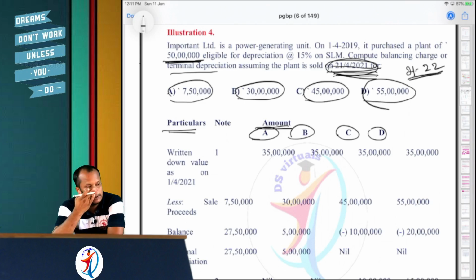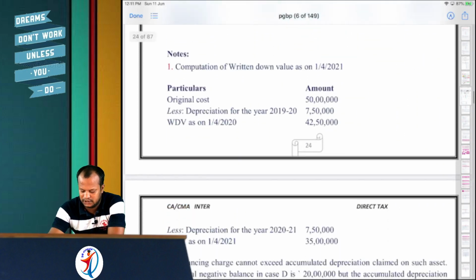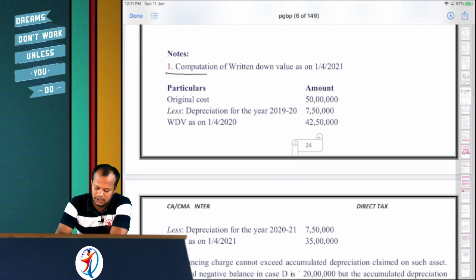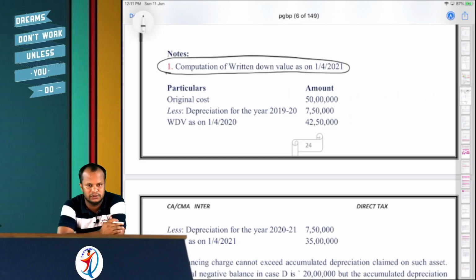So you have to compute WDV as on the first date of the previous year, that is 1st April 2021. Here is the calculation of WDV as on 1st April 2021.